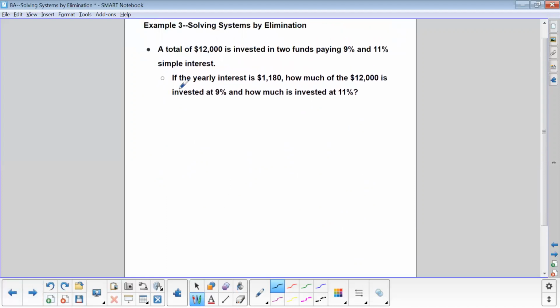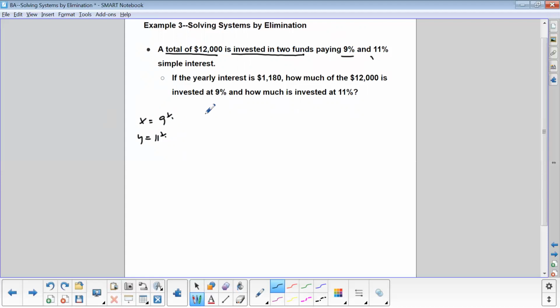This problem looks at total investment. A total of $12,000 is invested into two funds. The two funds pay out at two different percentages. So I'm going to call X equal the 9% and Y equal the 11%.